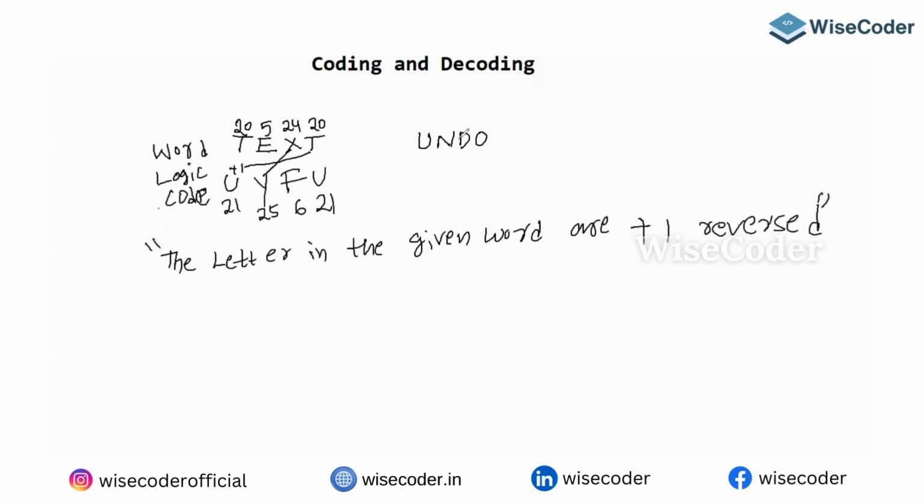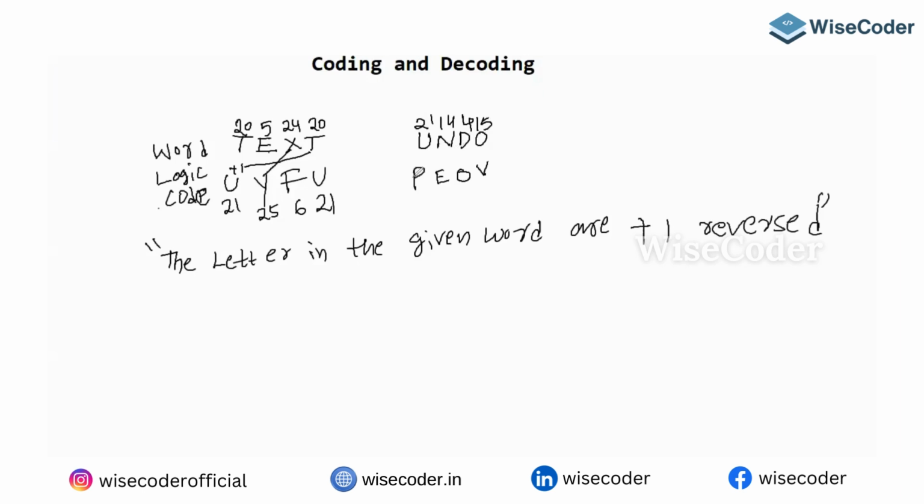So you can write your answer like this. U place position is 21, so plus 1 gives you 22. Reverse, plus 1. N place position is 14, 14 plus 1 is 15. What is the 15th letter? O. D place position is 4, 4 plus 1 is 5. What is the fifth letter? E. O place position is 15, 15 plus 1 is 16.